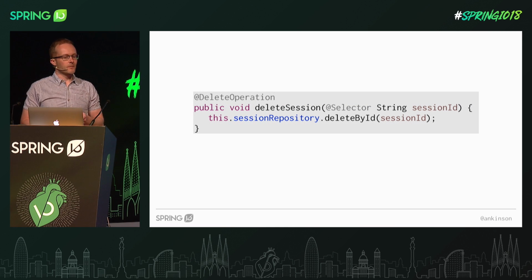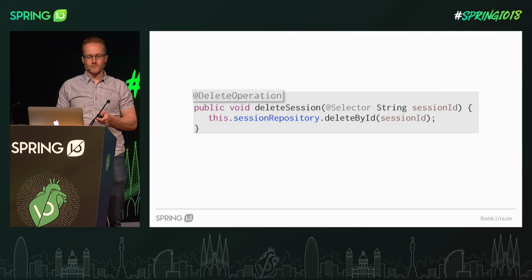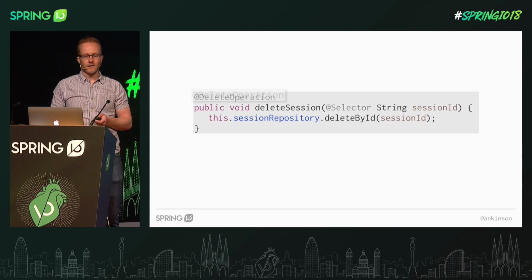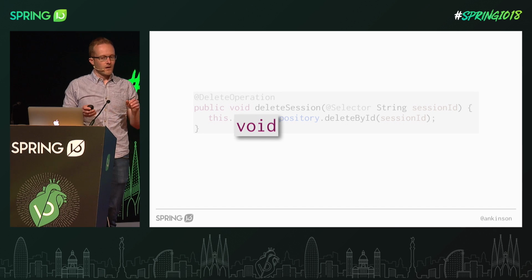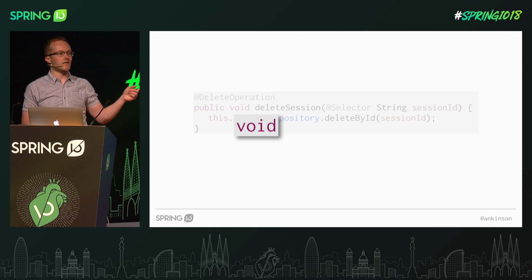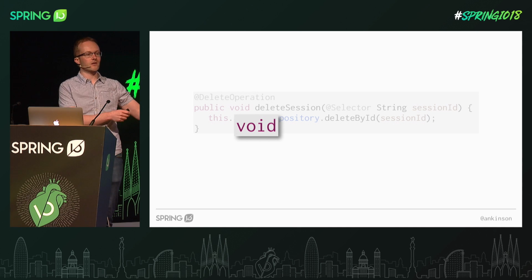There's also a delete operation here, as you might guess. A delete operation, oh, actually I should mention, delete operation, it returns void. When the endpoint infrastructure finds a method with a void return type, it maps that to an HTTP 204 response. So this is saying there's no content, to indicate to the client that it's expected that there will be no body.